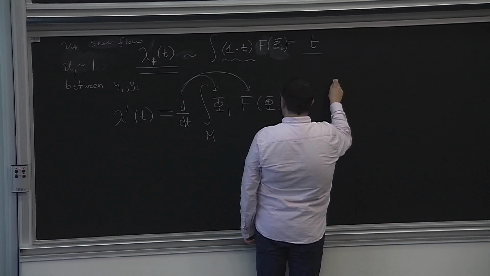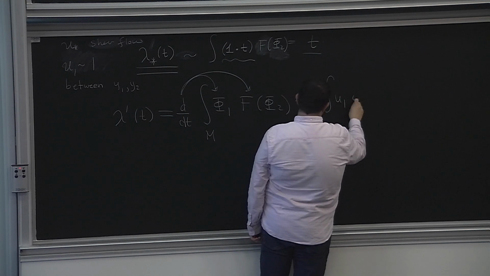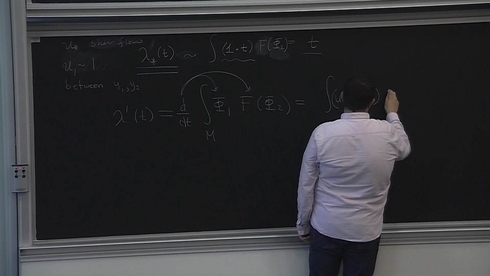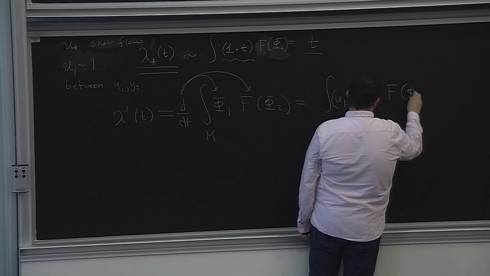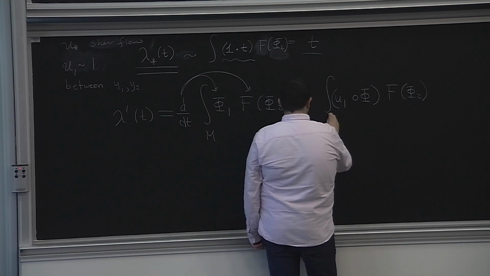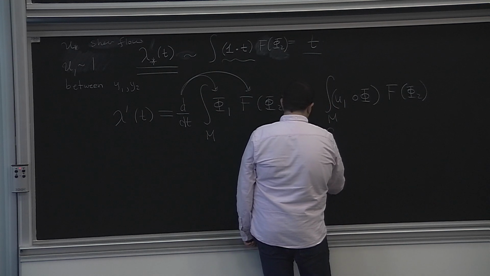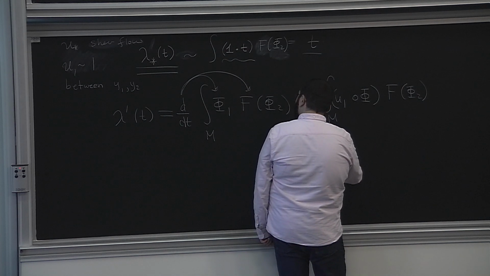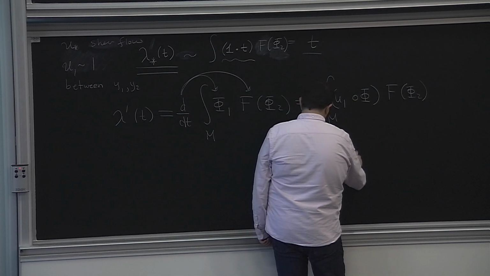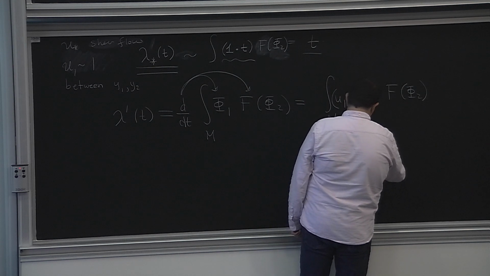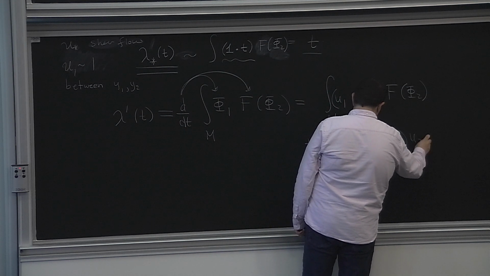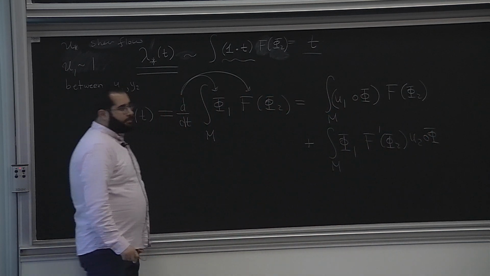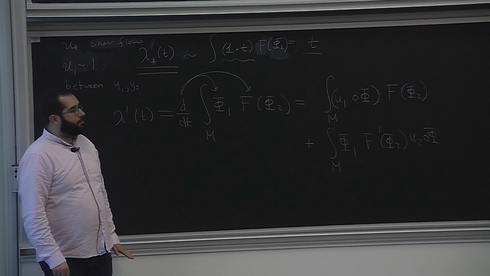So you get that it's the integral of u1 composed with phi times f of phi 2, plus the integral of phi 1 f prime of phi 2 times u2 composed with phi. Okay? Does that make sense for everybody?